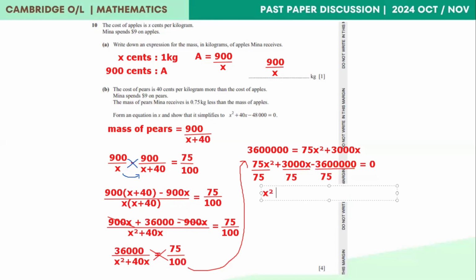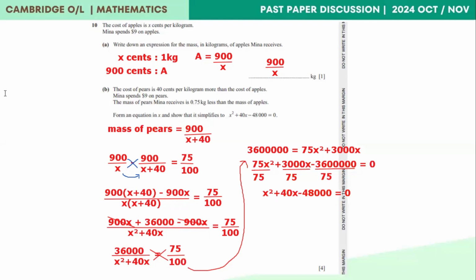So x square plus, you can check in the calculator, 3,000 divided by 75 is 40, so 40x, and minus 3,600,000 divided by 75 is 48,000. Now we can see that we are getting the equation.